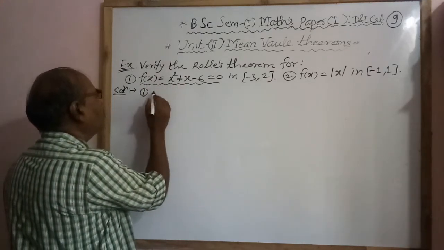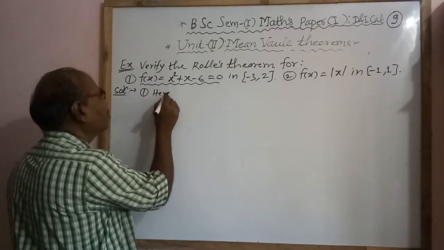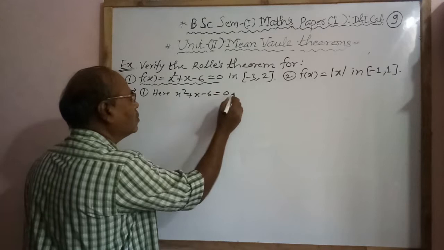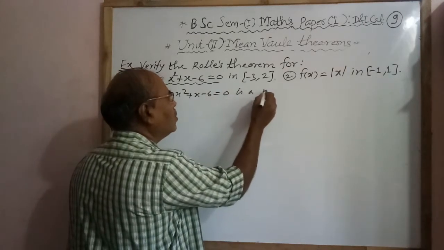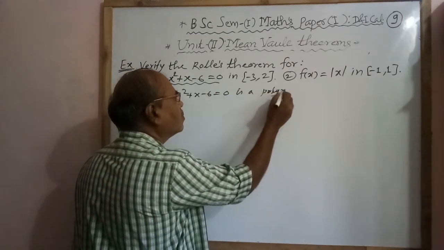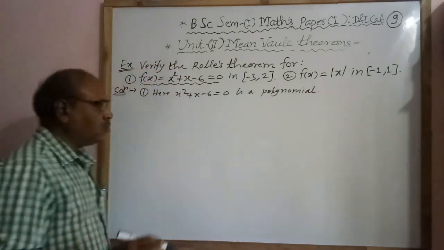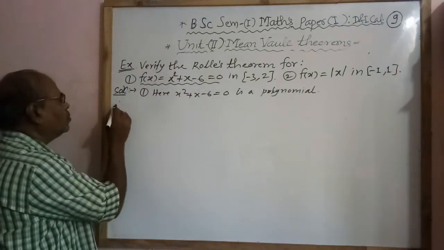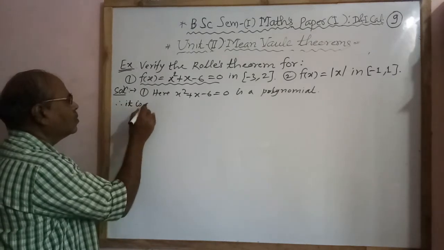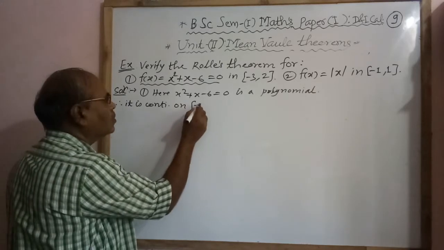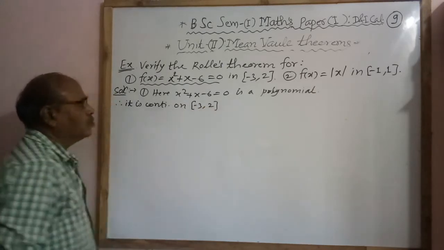Here the function x square plus x minus 6 is a polynomial function. Therefore, it is always continuous. Therefore, it is continuous on the closed interval minus 3 to 2.